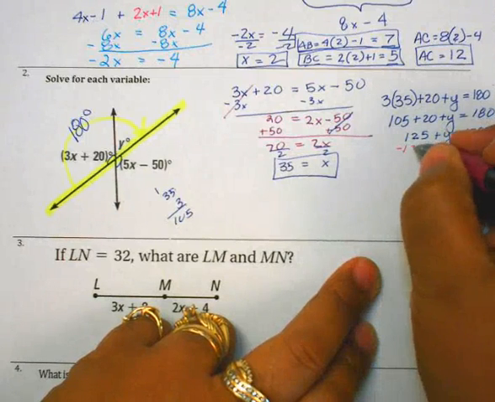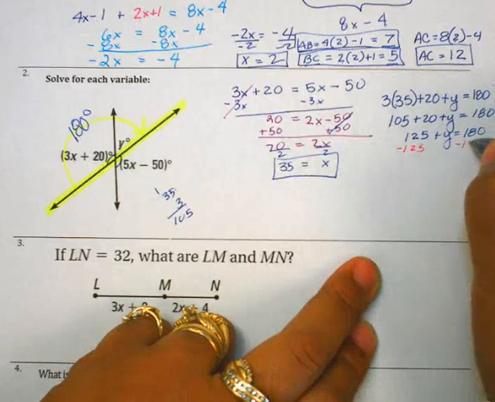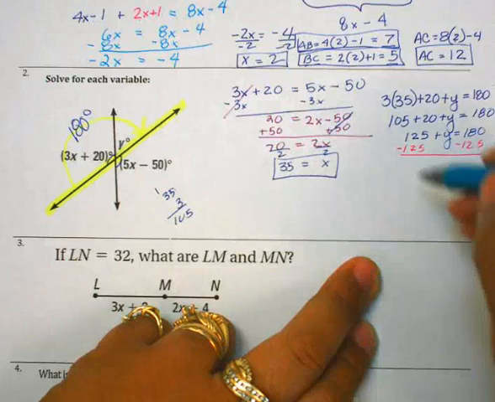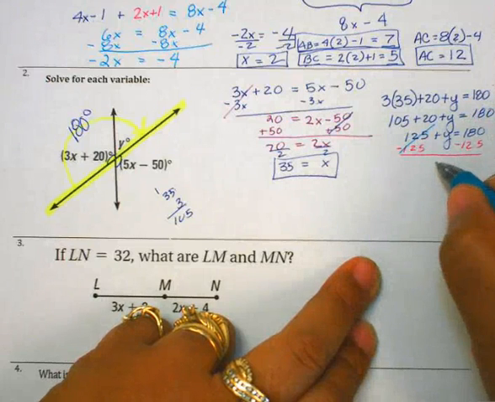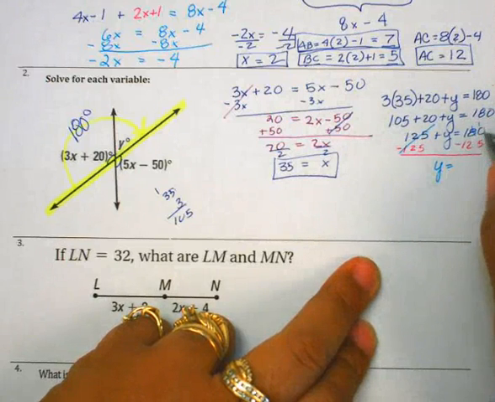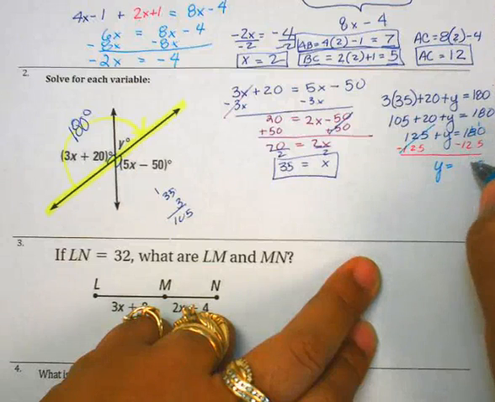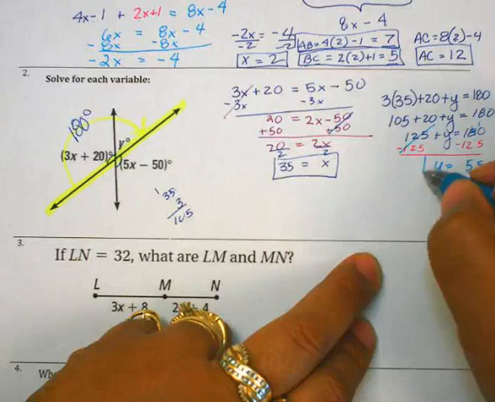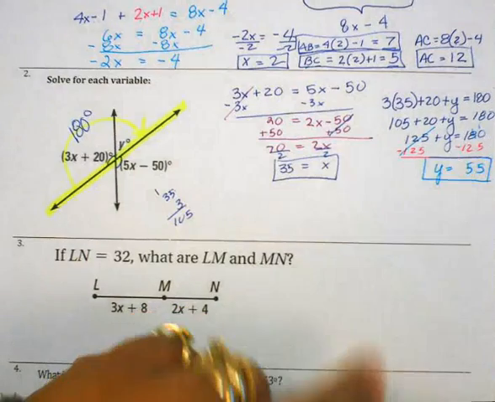Subtracting, y equals 55. Woo! Very good.